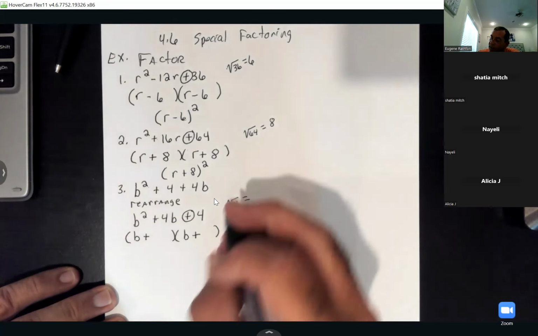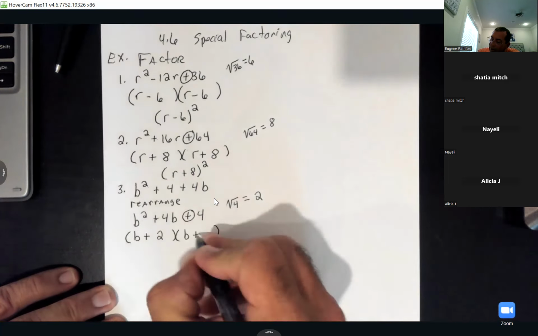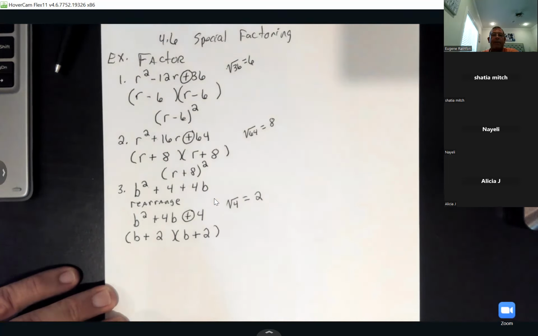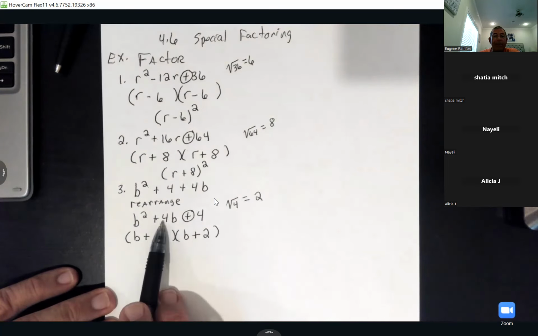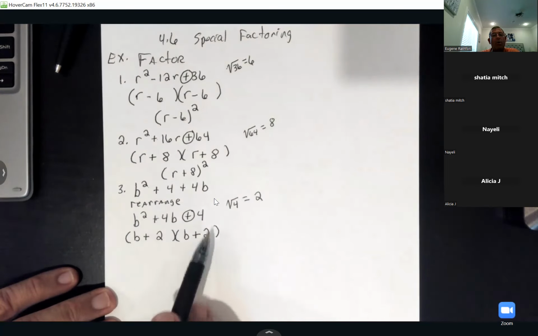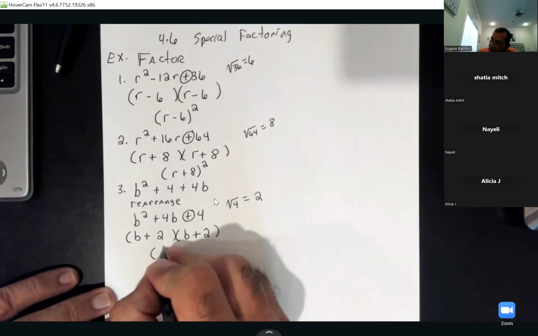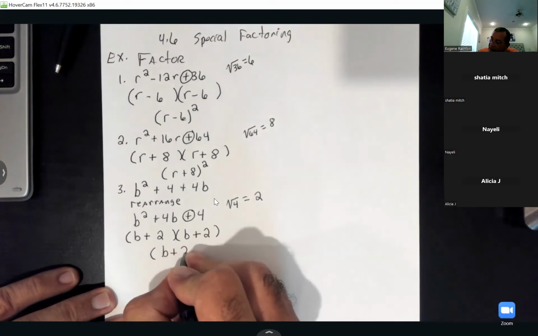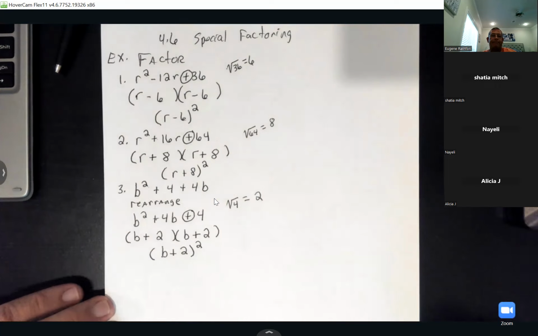And the square root of 4 is 2. So that'll put a 2 here and a 2 here. So notice once again, 2 and 2 add to get 4. 2 times 2 multiply to get 4. And y'all, since I got repeating factors, I can write that as a b plus 2 squared.